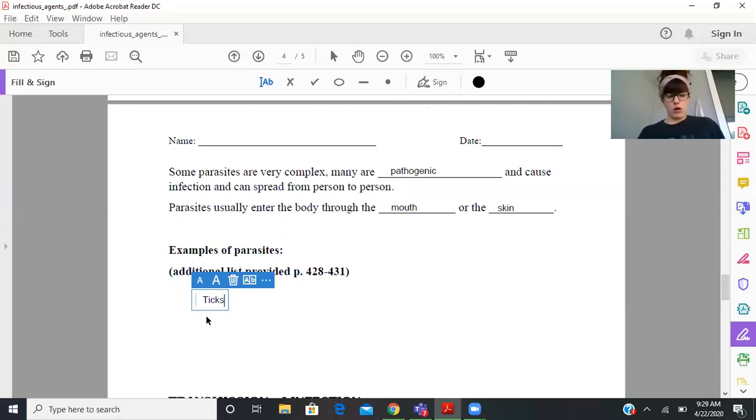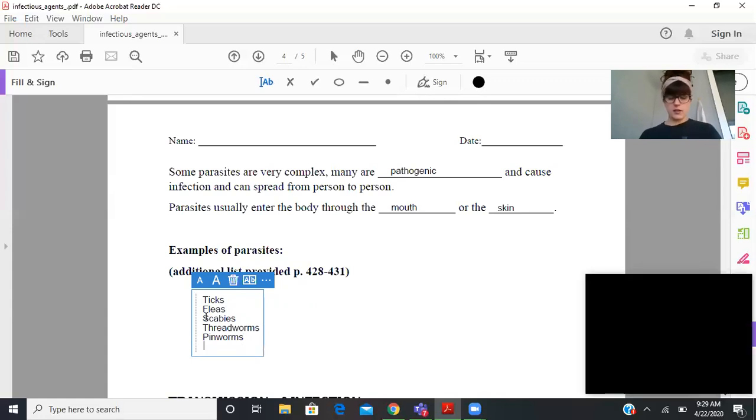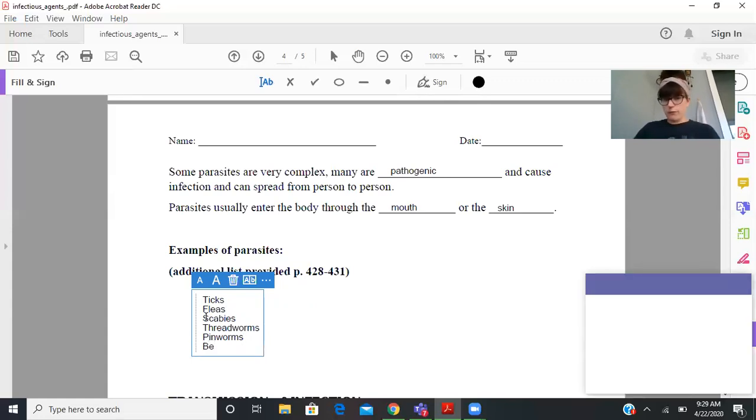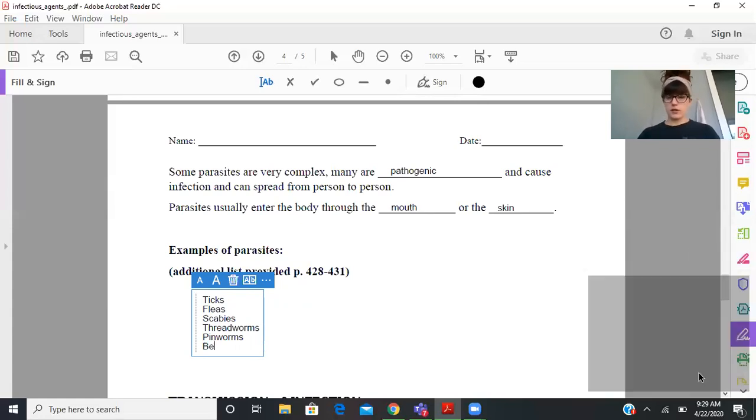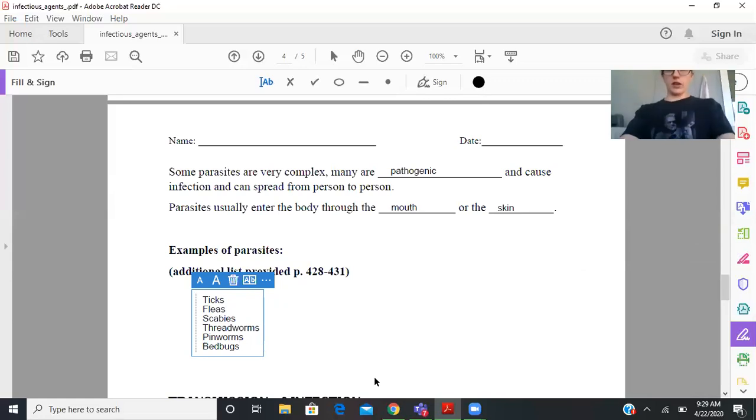It's making my skin crawl. But ticks, fleas, scabies, threadworms, pinworms, they attack the intestines. And bed bugs, these are all parasites, so they attack a living thing and feed off of it.